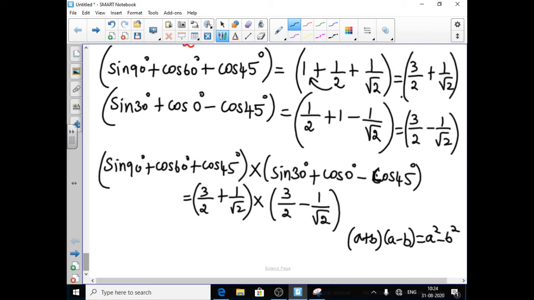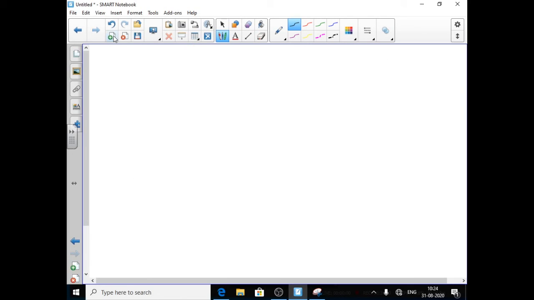Therefore, you can write it as a square minus b square. So here a is equal to 3 by 2, so 3 by 2 whole square minus 1 by root 2 whole square.